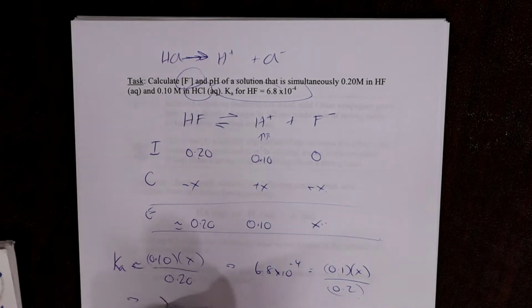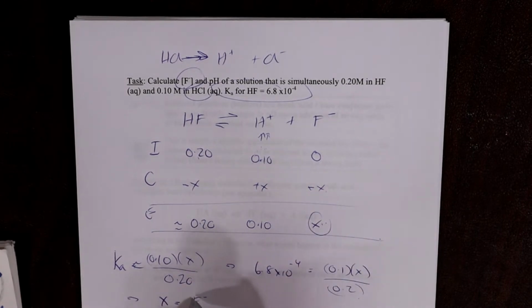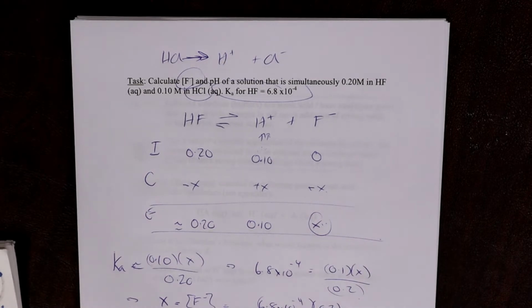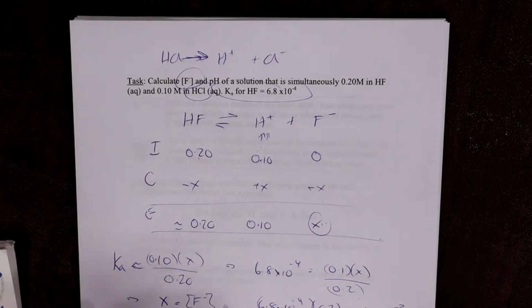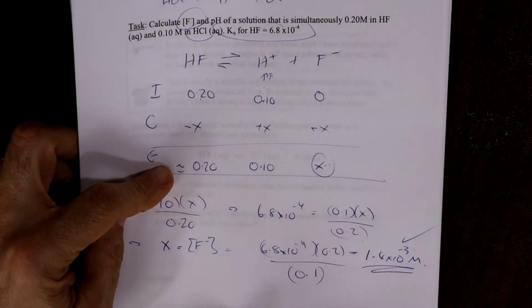Therefore, X, which equals, if you remember, F minus, the thing we want, equals 6.8 times 10 to the minus 4, times 0.2 over 0.1, which equals 1.4 times 10 to the minus 3 molar. Okay, look down here. Yes, that's what we got.